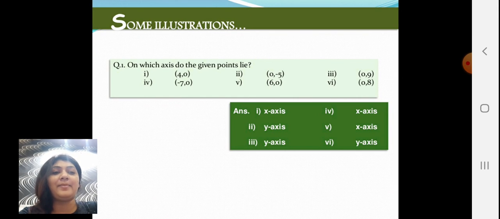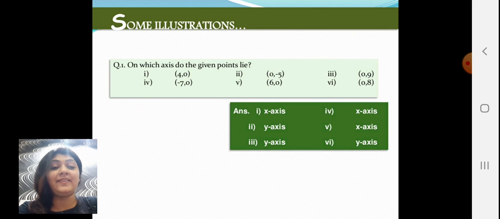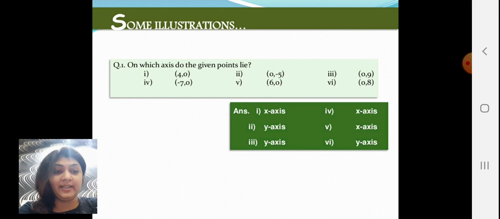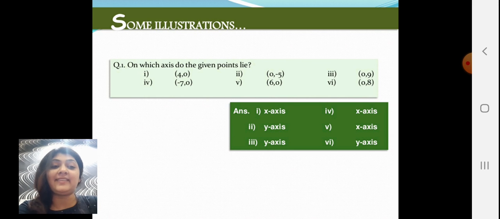Now let's take some illustrations. Question 1. On which axis do the given points lie? So first 4, 0. So here 4 is abscissa, x coordinate, and 0 is ordinate, that is y coordinate. So 4, 0 will lie on the x-axis. Second, 0, minus 5.